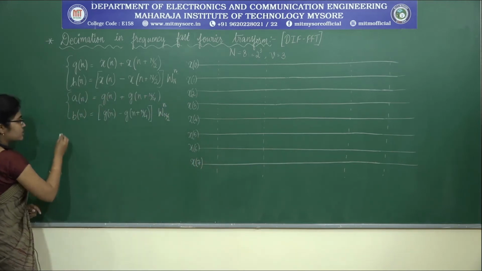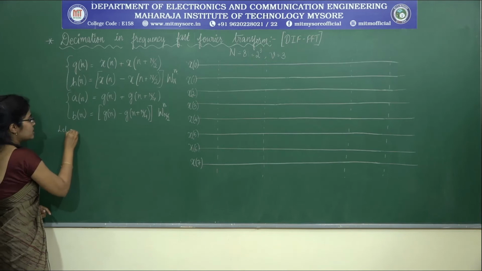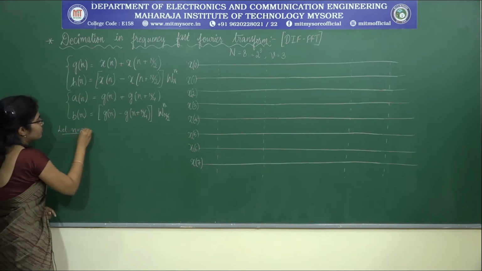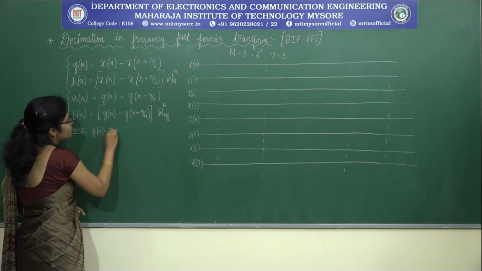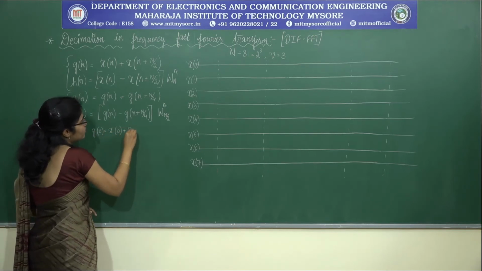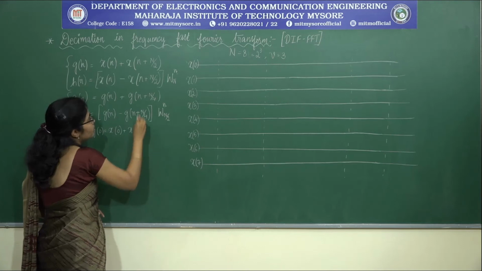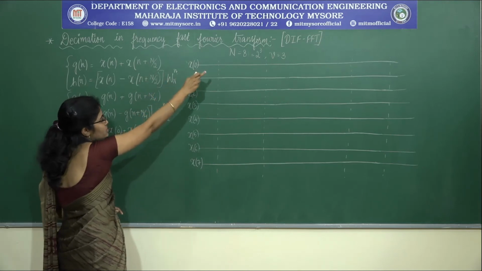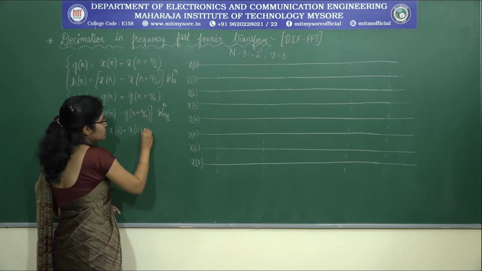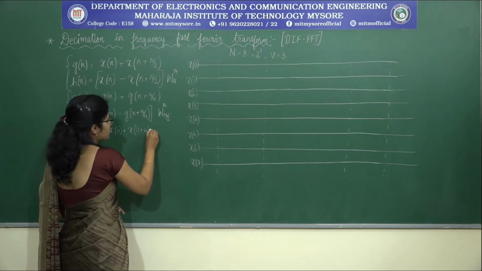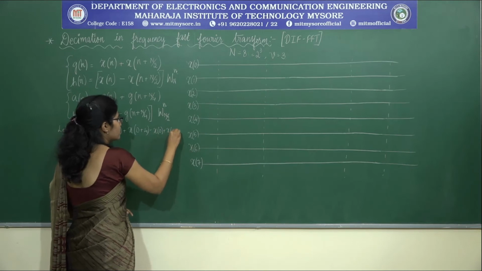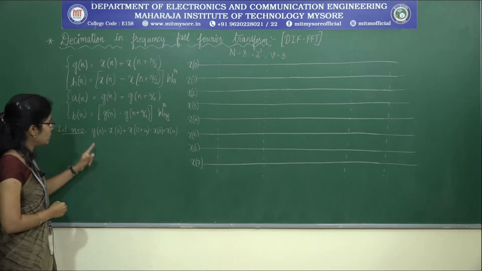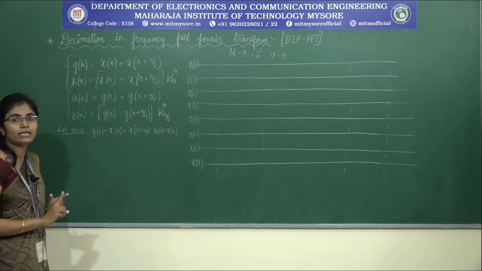Now, let us take the substitution, that is let n be equal to 0. So, what happens to g of 0? So, g of 0 will be equal to x of 0 plus x of 0 plus, what is the value of n which I have assumed? It is 8. 8 by 2 is 4. So, this is nothing but equal to x of 0 plus x of 4, correct? So, in order to get g of 0, what I need to combine?